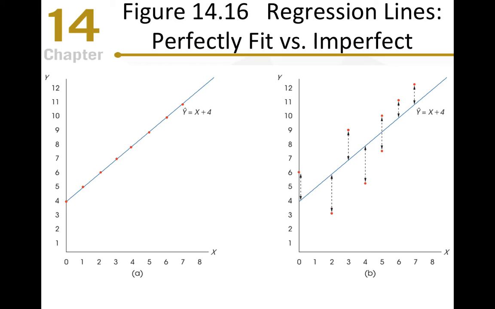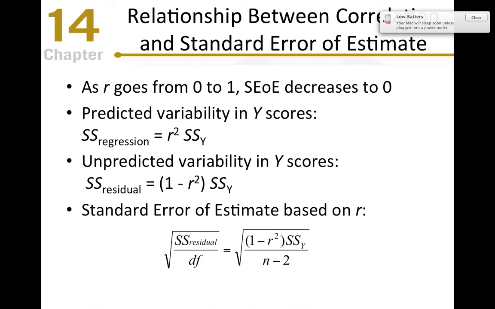The standard error of estimate, as I mentioned, provides us information about the standard distance between the predicted y values on the regression line and the actual y values. So whenever we're evaluating the accuracy or the precision of a particular regression line, that's what we need to consider, not just simply the equation.